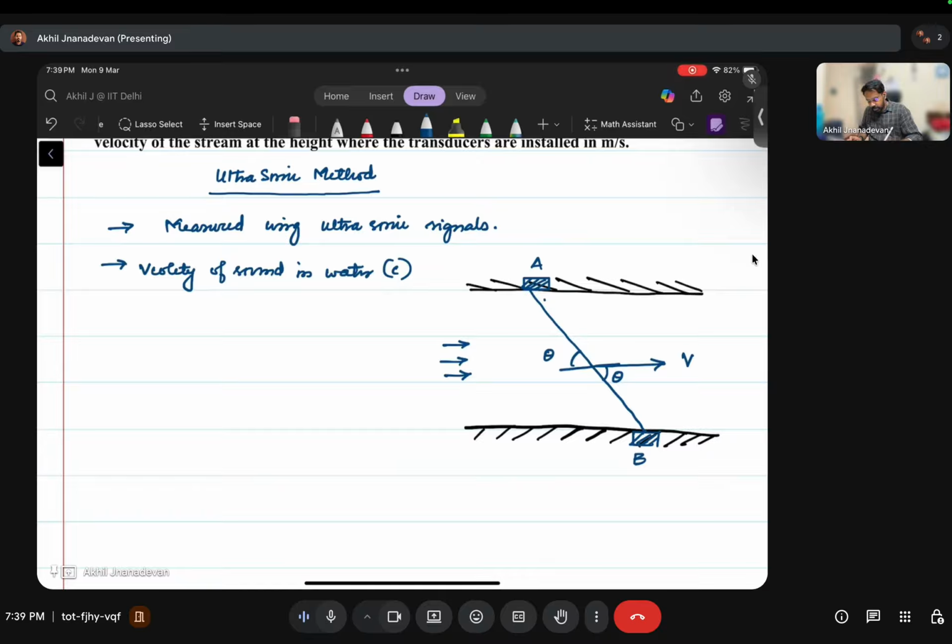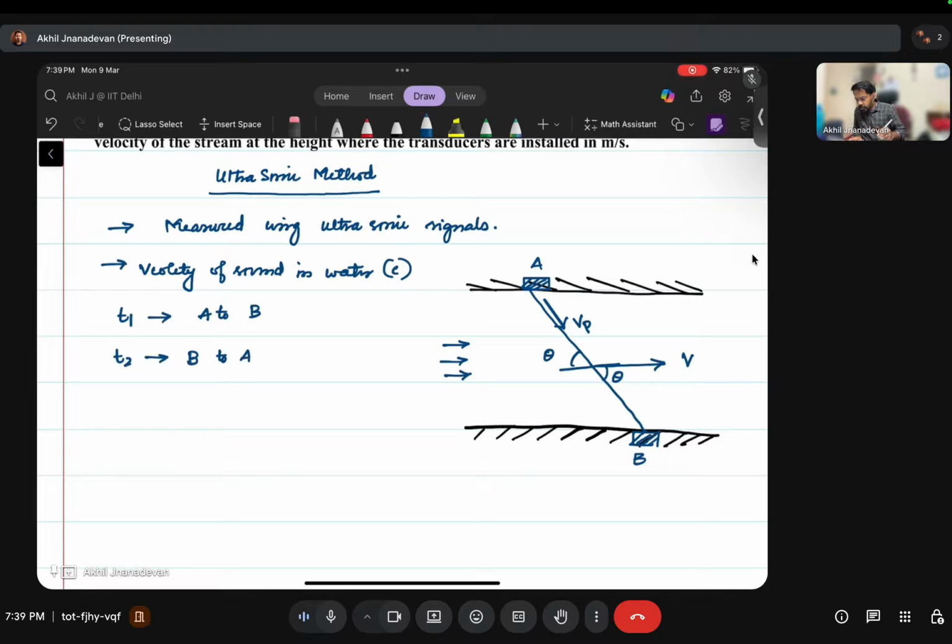The flow velocity we take as VP. A sends signals to B, and B sends signals back to A, and we'll be measuring the time: T1 is the time taken from A to B, and T2 is the time taken from B to A.